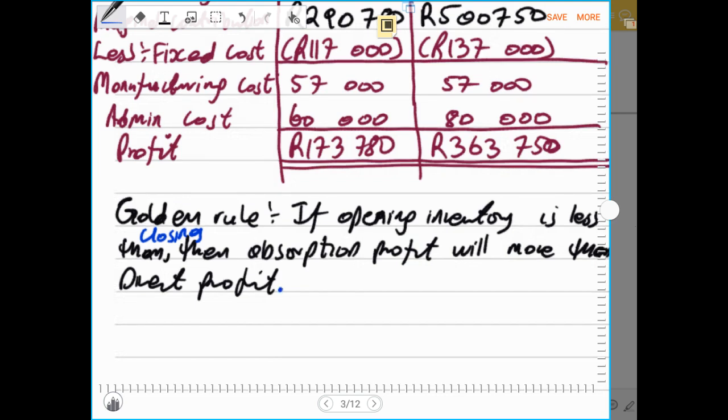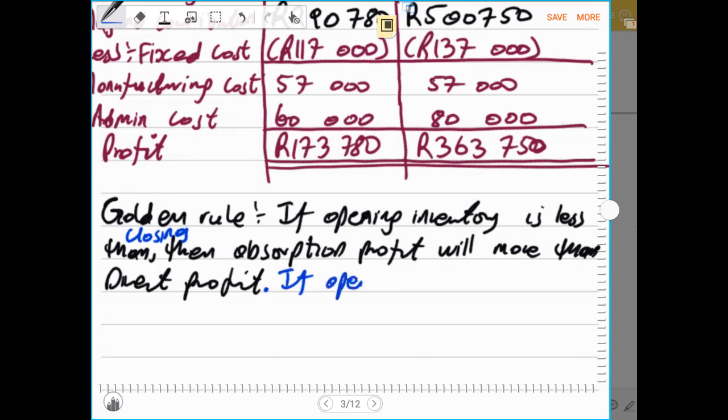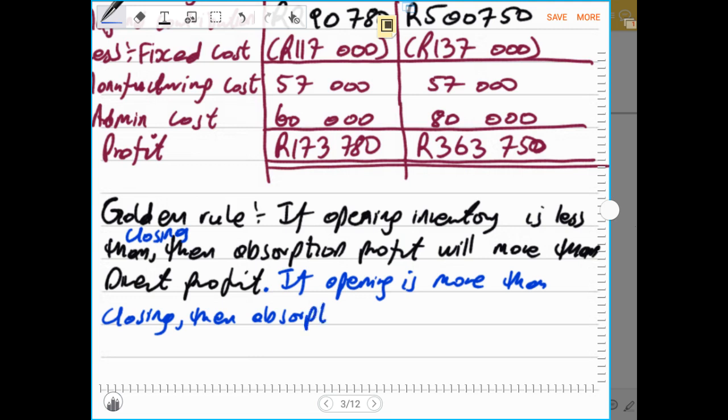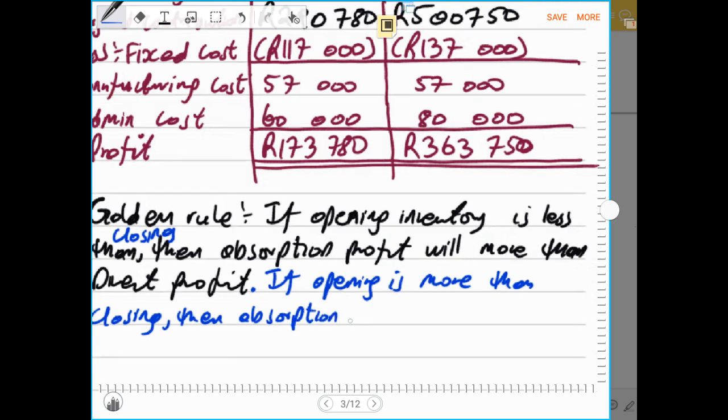And remember, this golden rule, the vice versa is also correct, to say if opening is more than closing, then absorption profit will be less than direct profit.